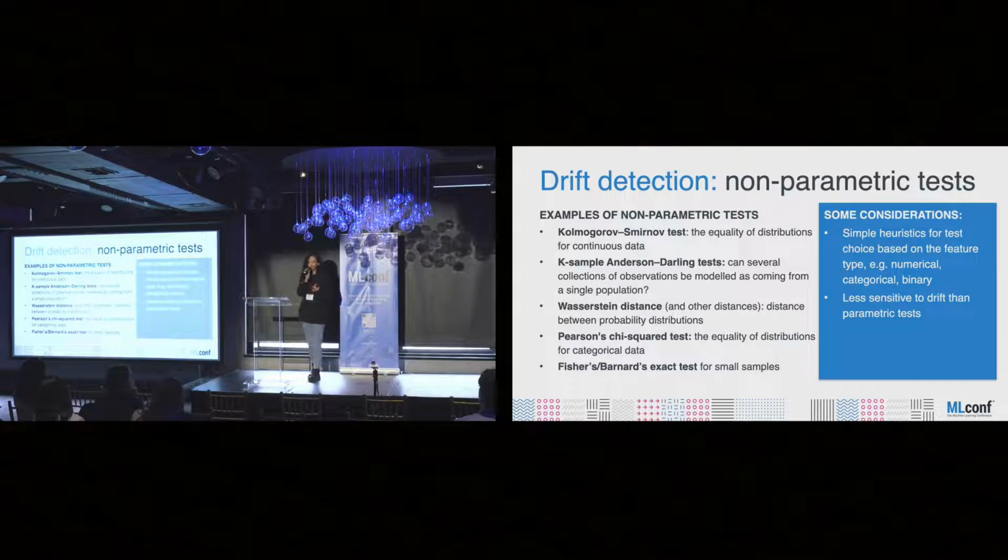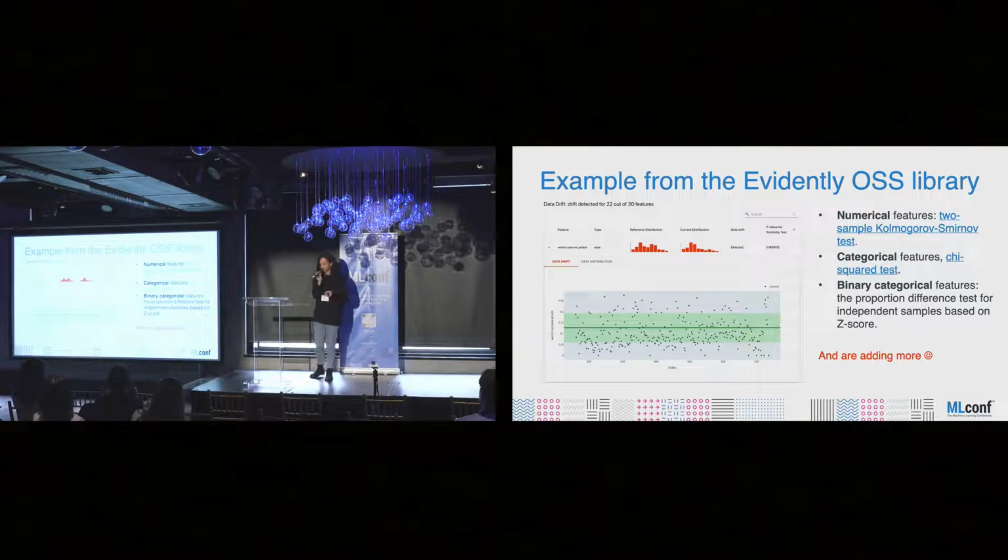One disadvantage is that the non-parametric tests are less sensitive, so you will detect drift later on, but you can automate this process because you can select the exact statistical test just based on the type of the feature and sample size, I would say. So at Evidently we built dashboards which help to detect prediction drift and drift of features, and you can automatically select the exact test that should suit each feature.